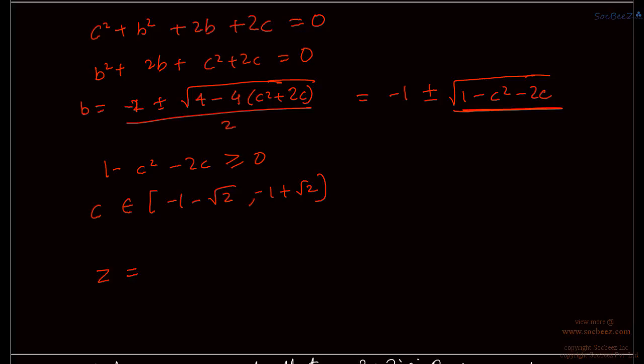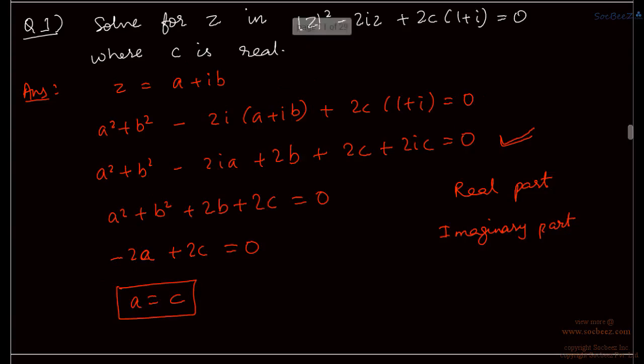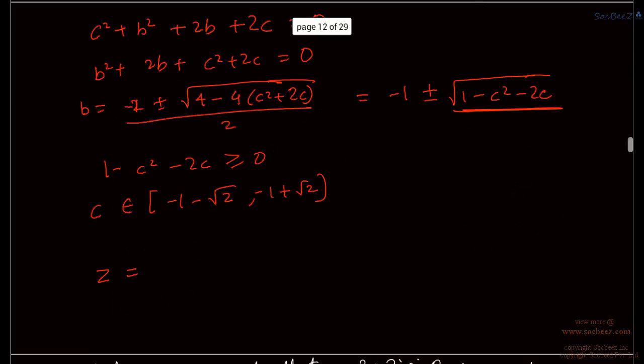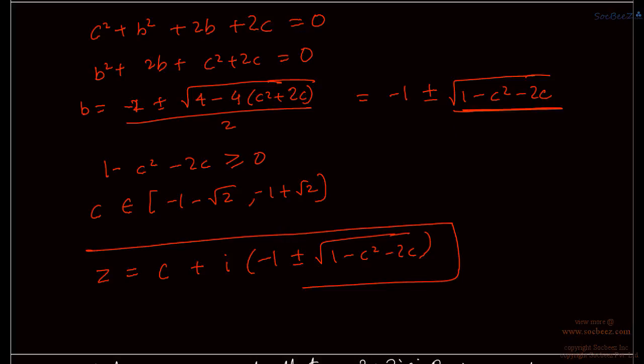Our z has the real part nothing but c, and the imaginary part is i times minus 1 plus or minus root of 1 minus c squared minus 2c. Right? So this is a complex number.